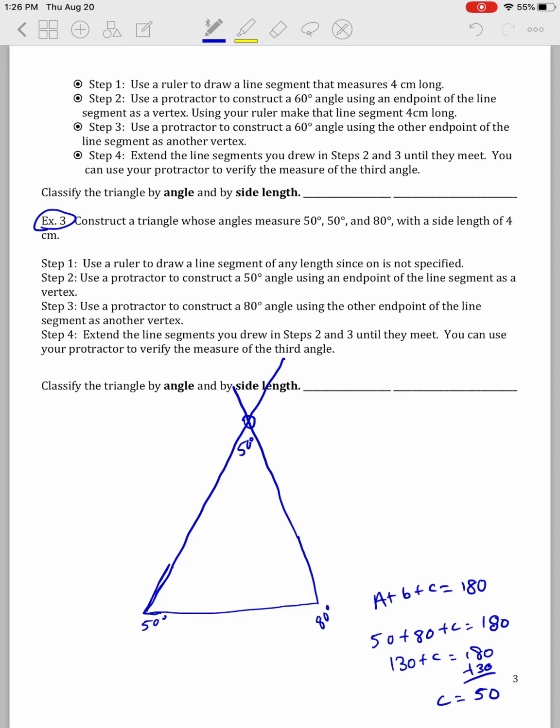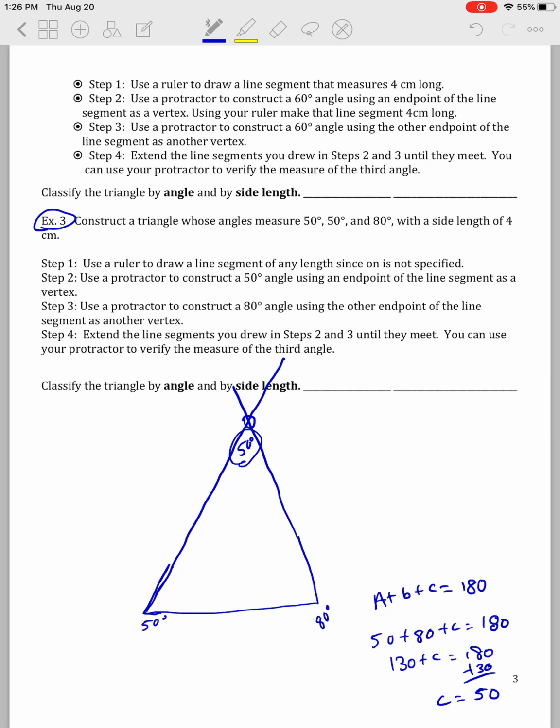So, if I do that, let's look at the measurements. I have three angles. Are there equal angles? Are there no angles that match? What do we have here?